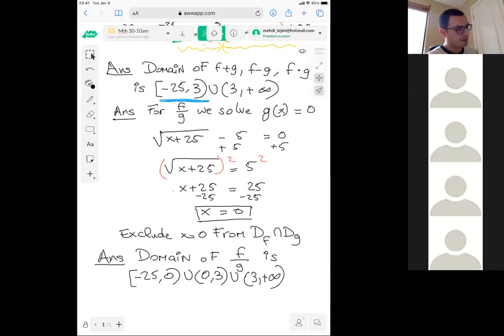All right, so this is a little bit different from the previous example we had, because for G of X here, there's this minus 5 outside the square root, so it changed the solution of G of X equal to 0 a little bit. But anyway, that would be the domain of F over G.